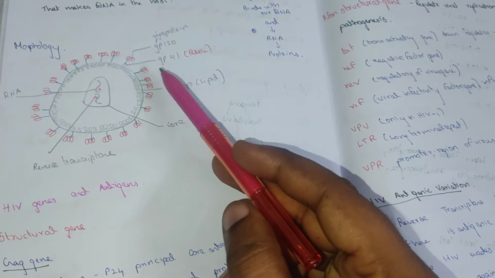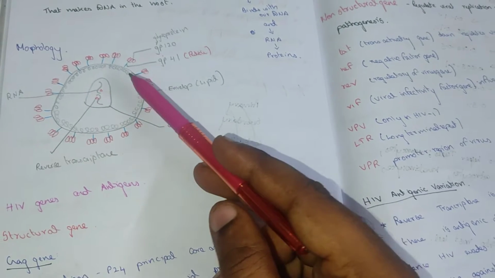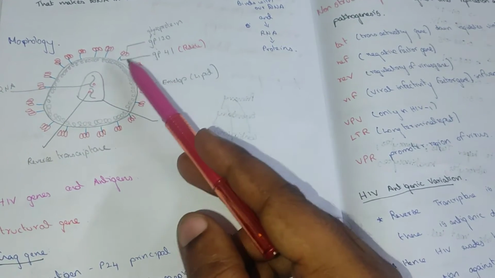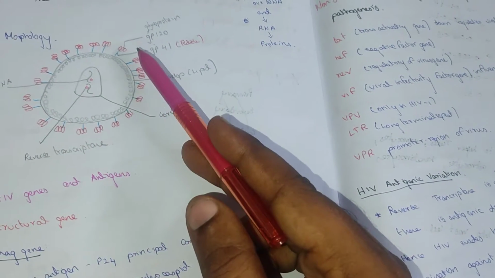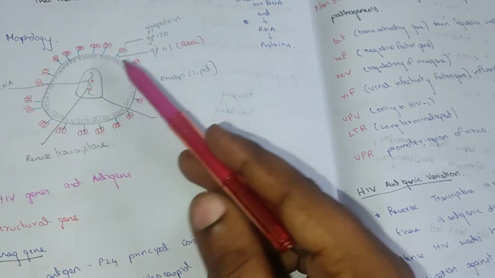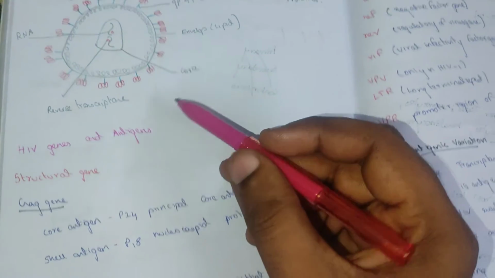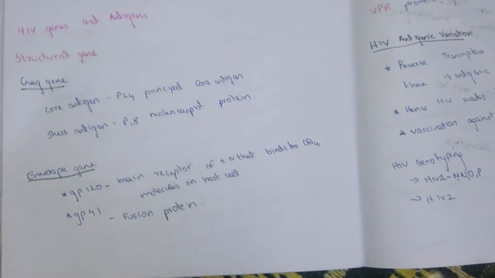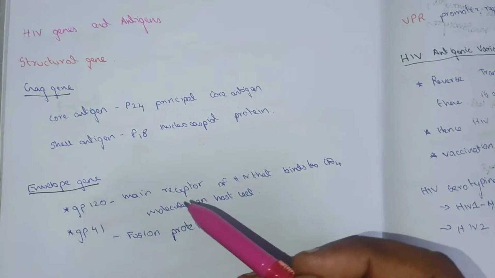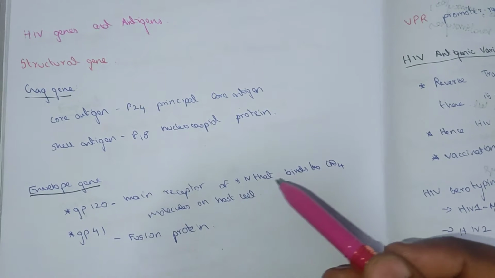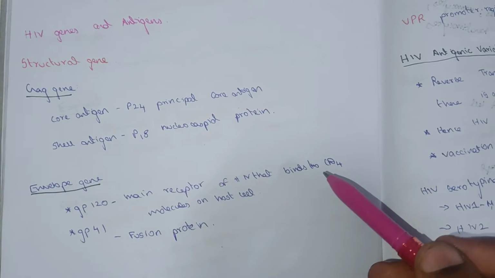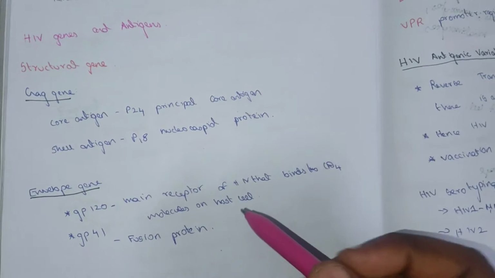The GP41 is present over the envelope, and above the GP41 is GP120. So these proteins are known as envelope genes. This GP120 is the main receptor of HIV that binds to the CD4 molecule on the host.